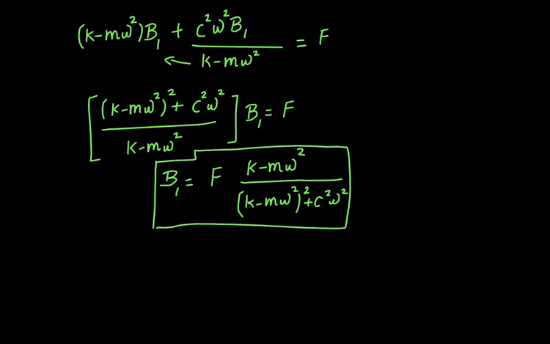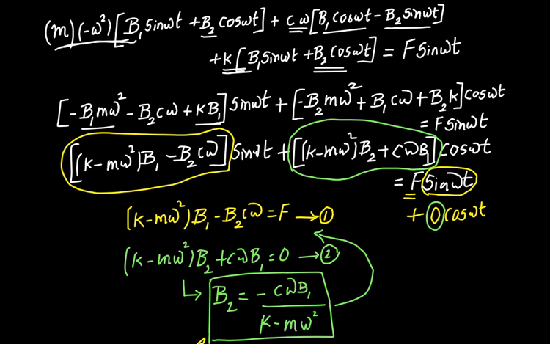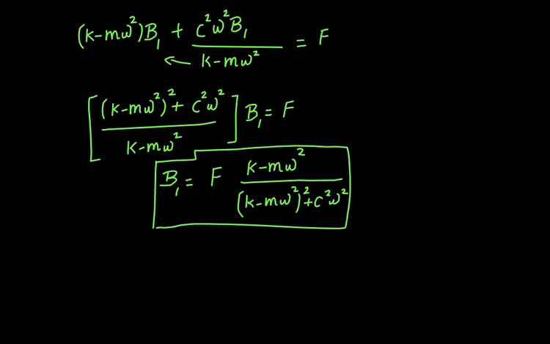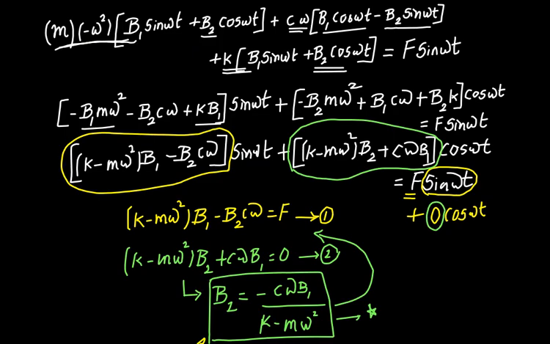All right. Now, in the next step, I'm going to take this value of B1 and substitute it in this equation, maybe call this the star equation, and I'm going to get the value of B2. So B2 is equal to, you see here, K minus M omega squared is in the denominator and K minus M omega squared is in the numerator, so we can cancel them.